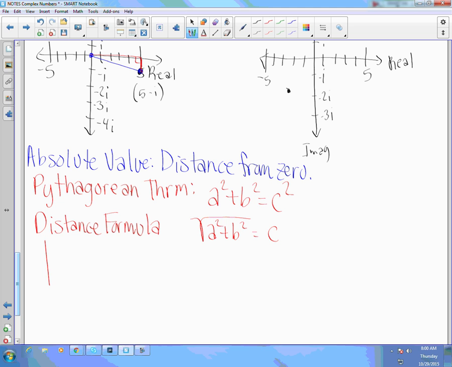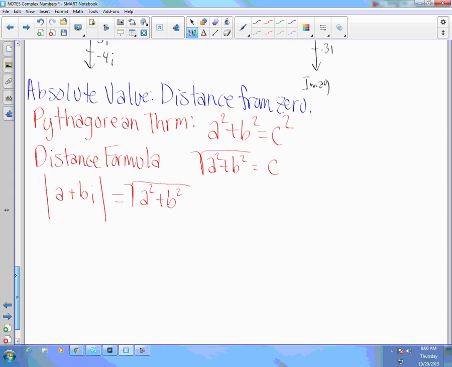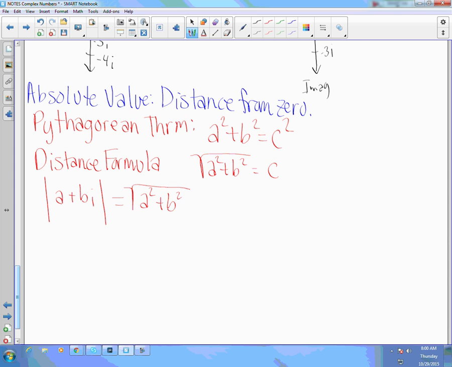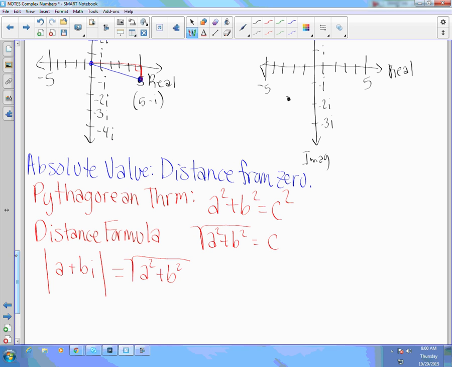So the absolute value of a complex number, a plus bi, equals the square root of a squared plus b squared. That's not a made-up formula. It comes from the Pythagorean theorem. So the distance from the origin is the square root of a squared plus b squared.